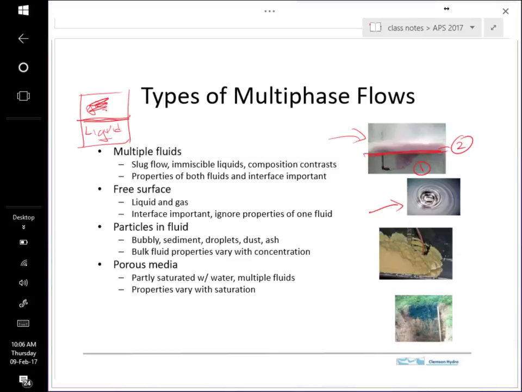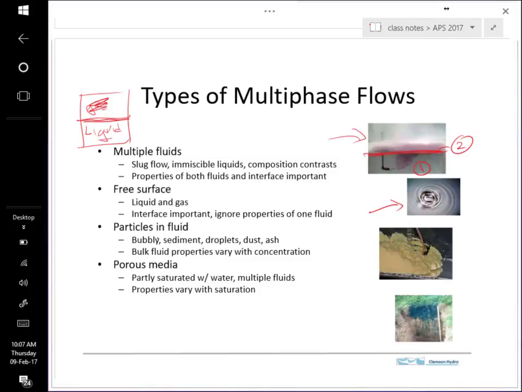And there are a couple of ways of doing that. So then there's another type of problem where we've got two different phases or multiple phases, but they're intermixed on a very small scale. So we have particles of one fluid, or particles of a solid, or particles of a gas in another liquid.